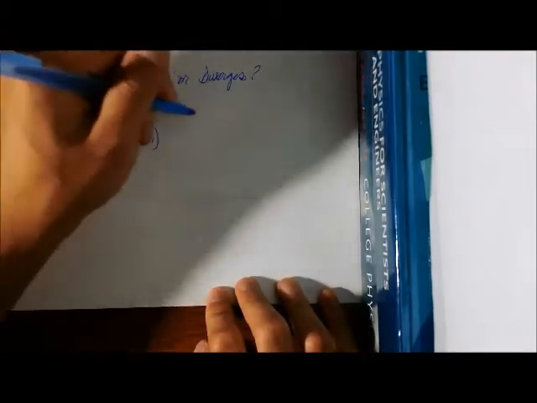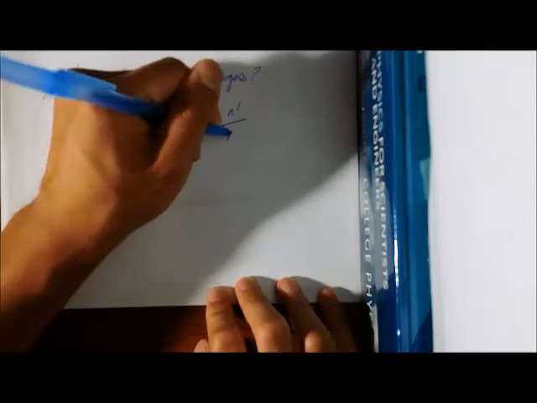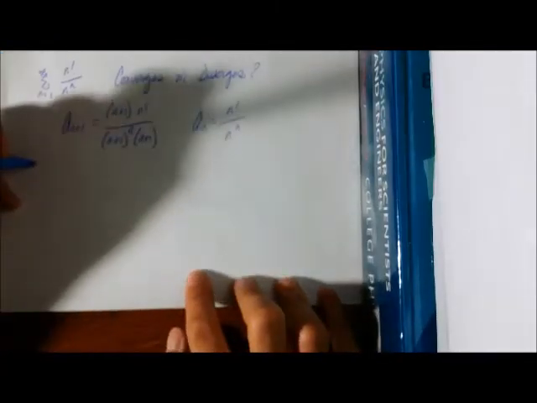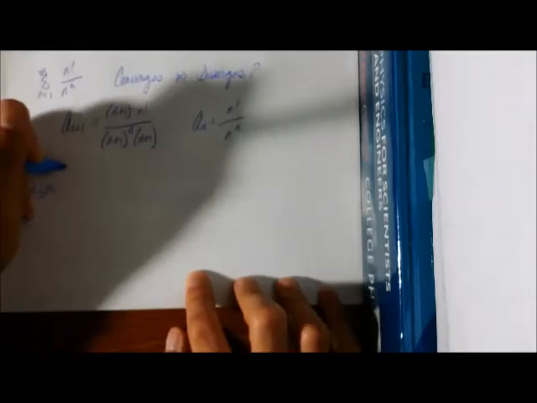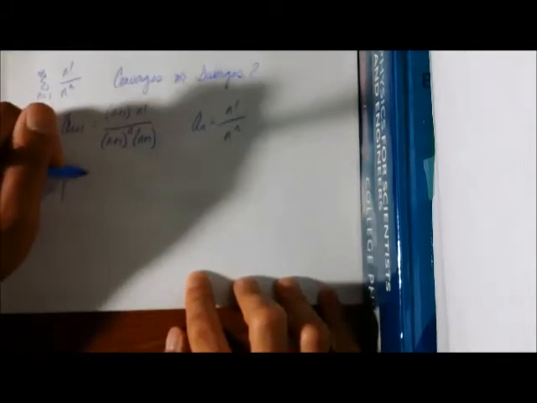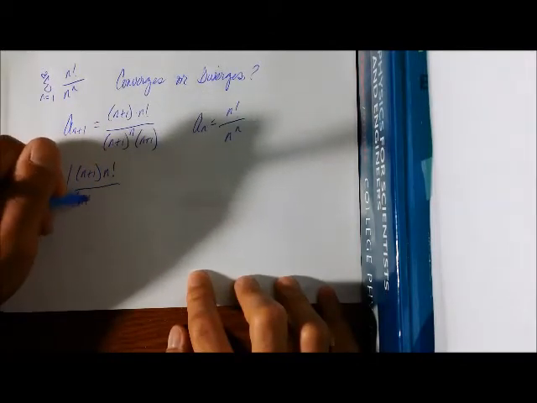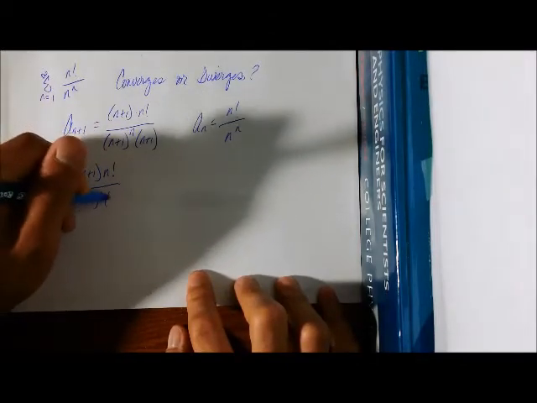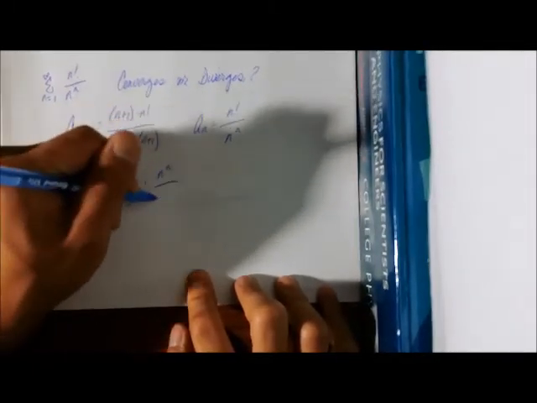A of n is n factorial over n raised to the n. We need to take the limit, so we write the limit as n goes to infinity of the absolute value of n plus 1 times n factorial over n plus 1 raised to the n times n plus 1 times n raised to the n over n factorial.